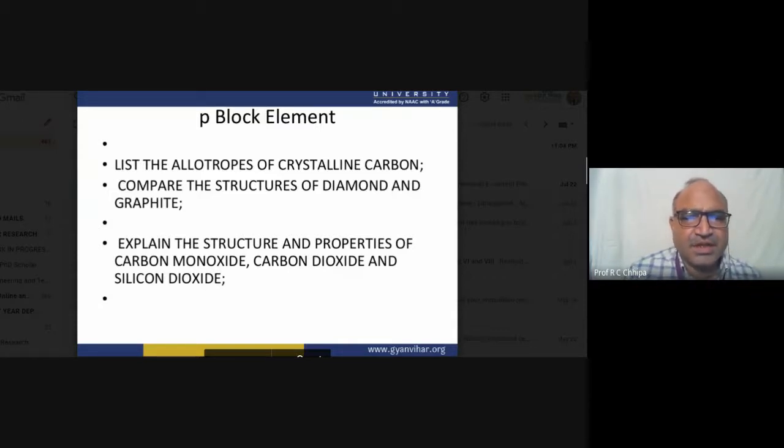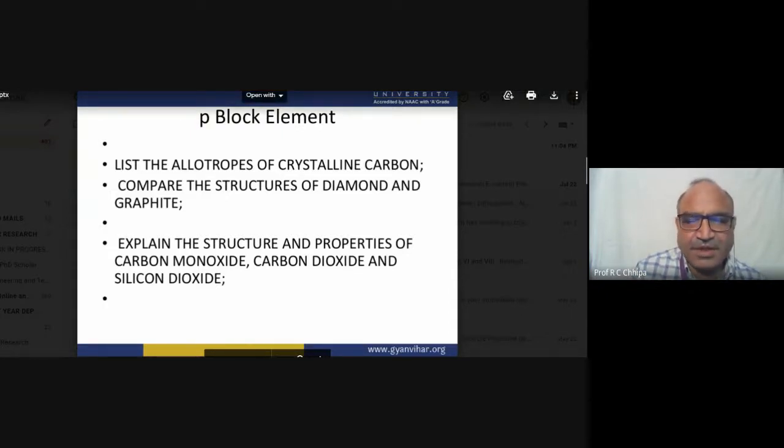Sulfur also has allotropes. So sulfur and carbon allotropes are there. In the carbon case it is diamond, graphite and black carbon. Similarly, in the case of sulfur, the allotropes are monoclinic sulfur and rhombic sulfur, two different allotropic forms of solid sulfur.